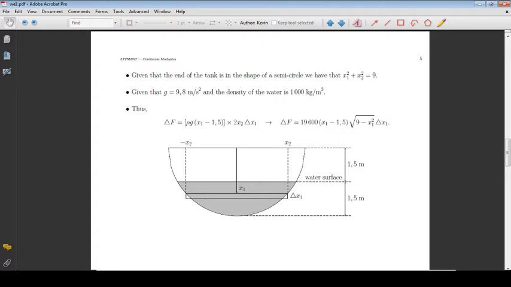Given that the end of the tank is in the shape of a semicircle, we have that x1 squared plus x2 squared is equal to the radius of the circle squared, where the radius of the circle is equal to 3 meters.